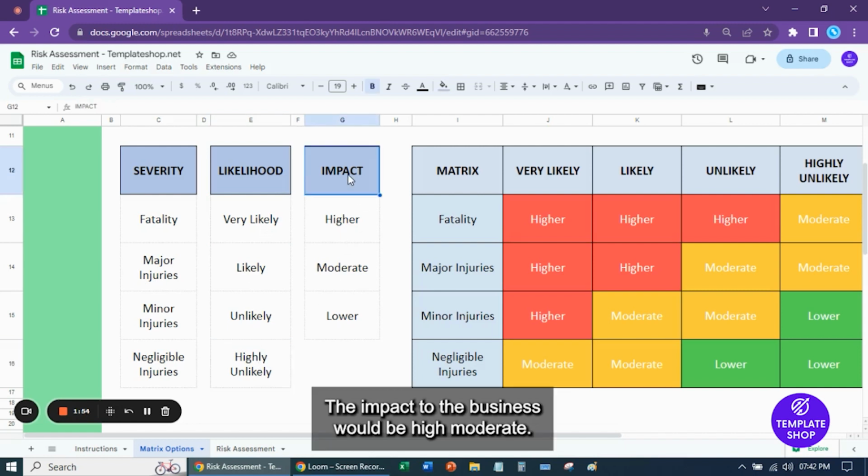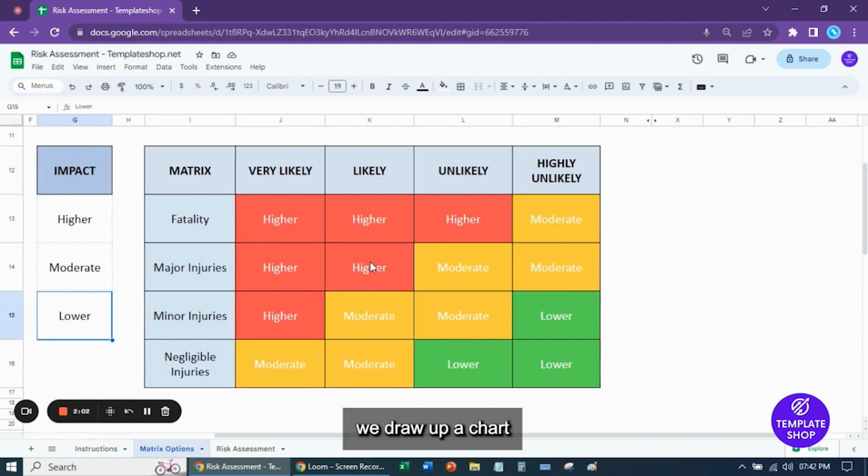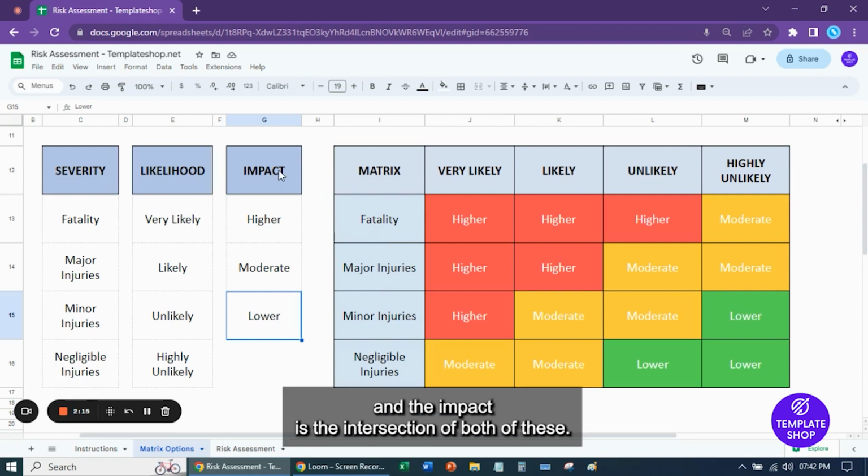The impact to the business could be high, moderate, or low. Using this information, we draw up a chart, which is the metrics. The fatality, etc. comes here, the likelihood comes here, and the impact is the intersection of both of these.